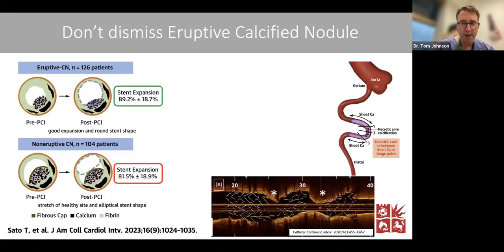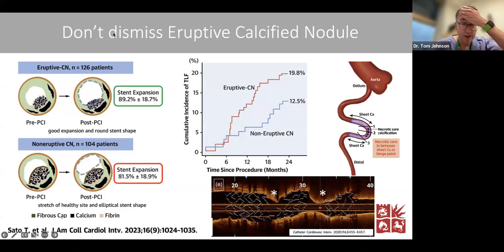But more concerningly, in the long term, the event rates in the eruptive nodule group were significantly higher. This is a relatively small series of just over 200 patients, but you can see that out to 2 years, the risk of target lesion failure is very high. It's 20%.